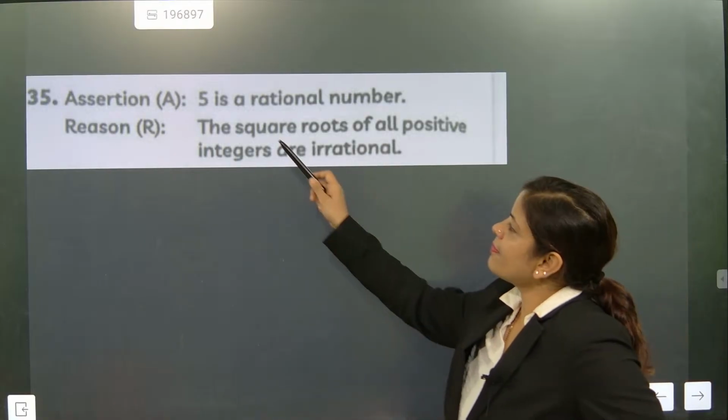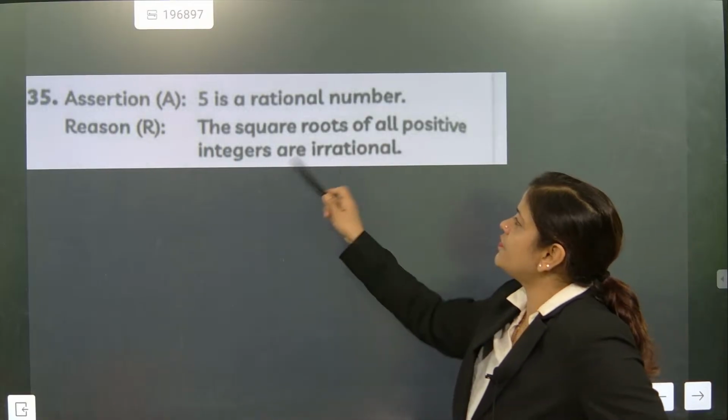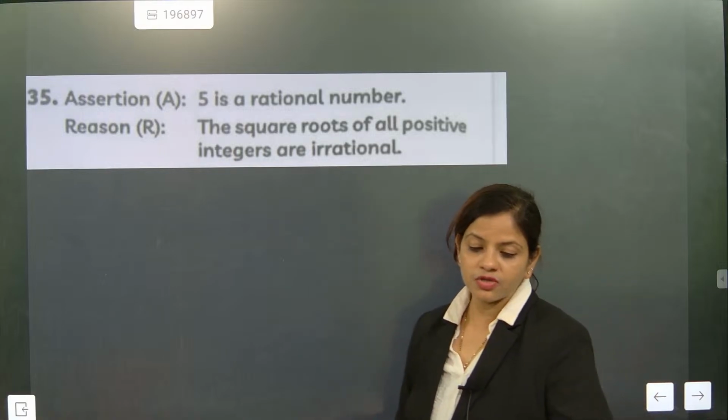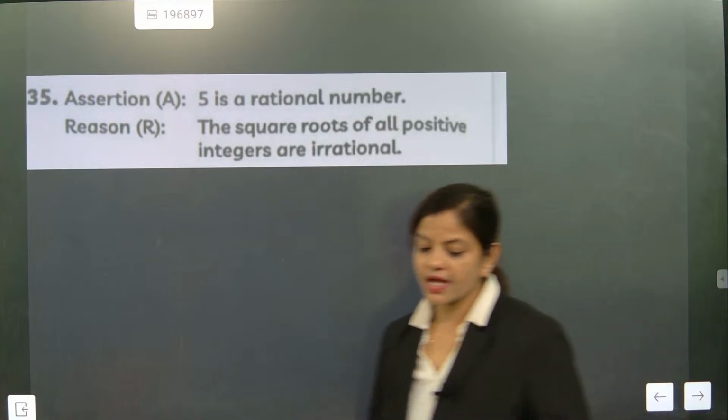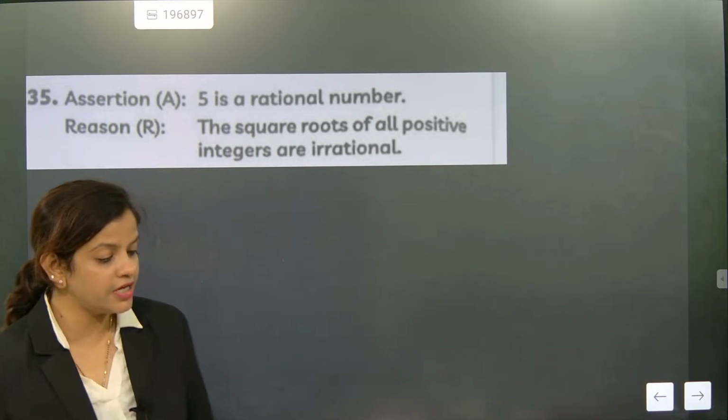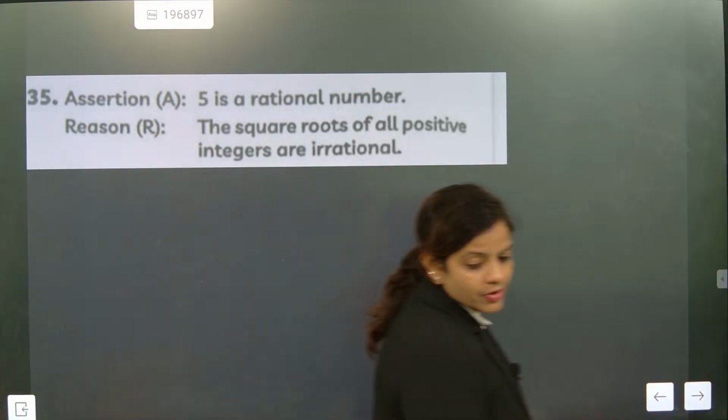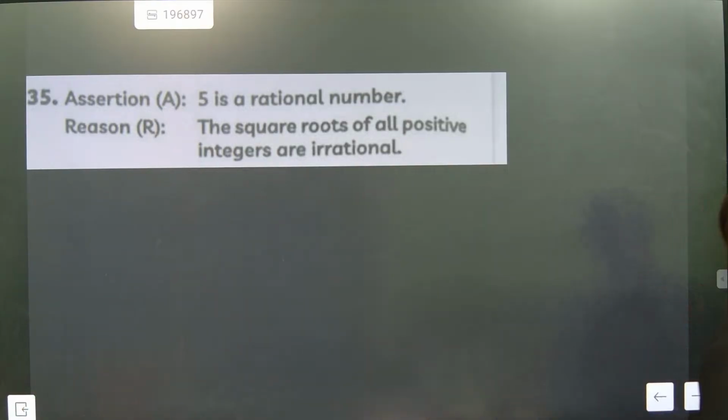But here the second part, the square root of all positive integers are irrational, is not at all possible. So the assertion is true and the reason is false. Understood or not? Because the square root of all integers cannot be only irrational. It can be rational also.